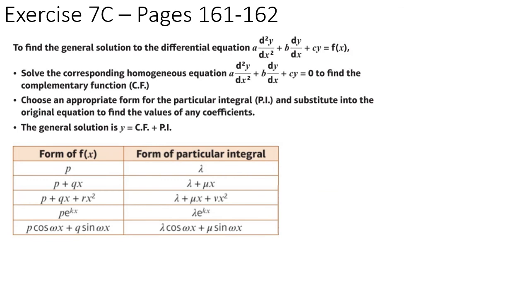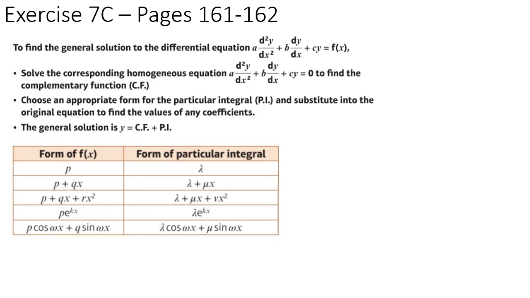Okay, you should now be able to do exercise 7c on pages 161 to 162. So what's here is the table that we can use to help us find the particular integral.